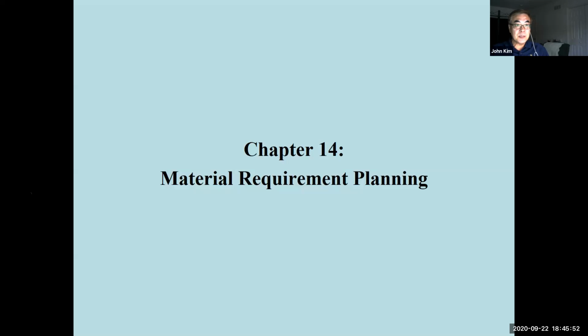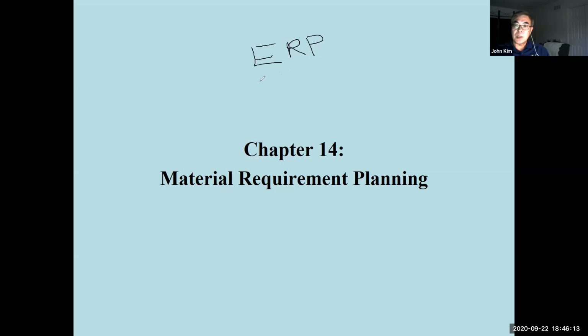You know the MRP system, you know the ERP system. This is enterprise resource planning. So nowadays, many companies use this ERP system.